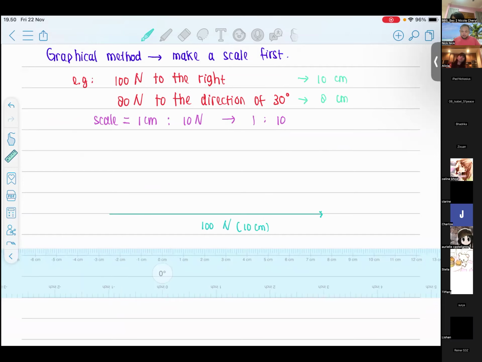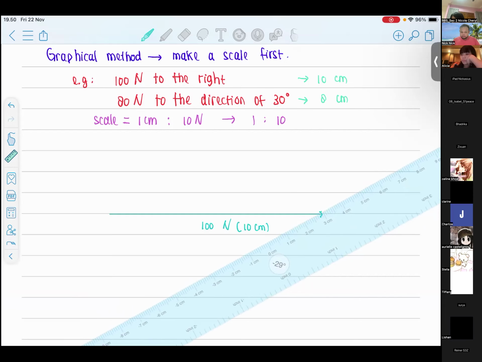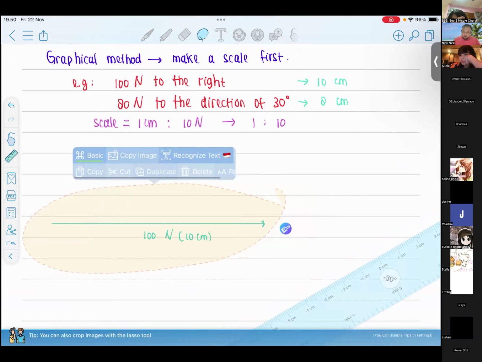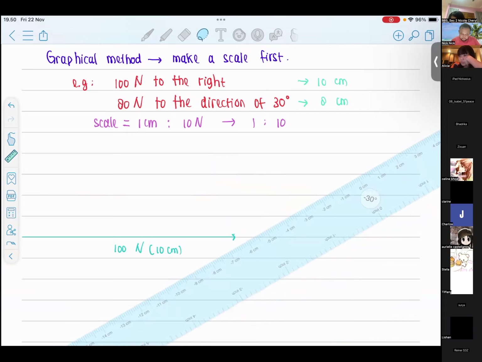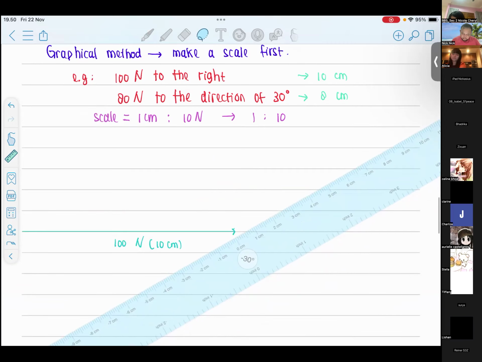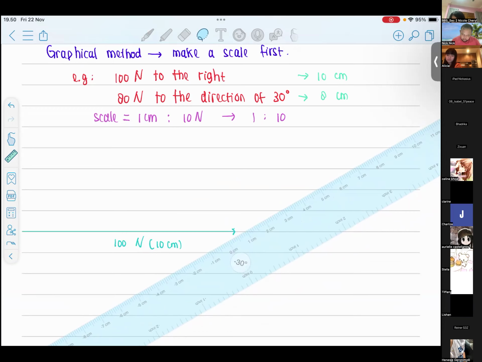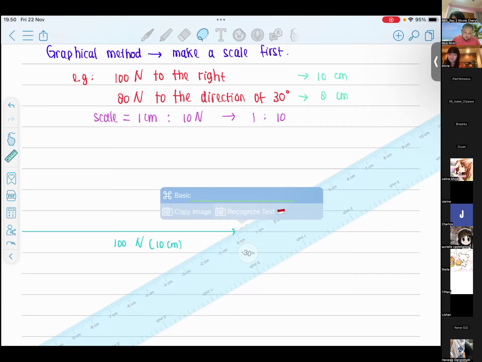And then 30 degree, 8 centimeters. Don't forget to give what, students?